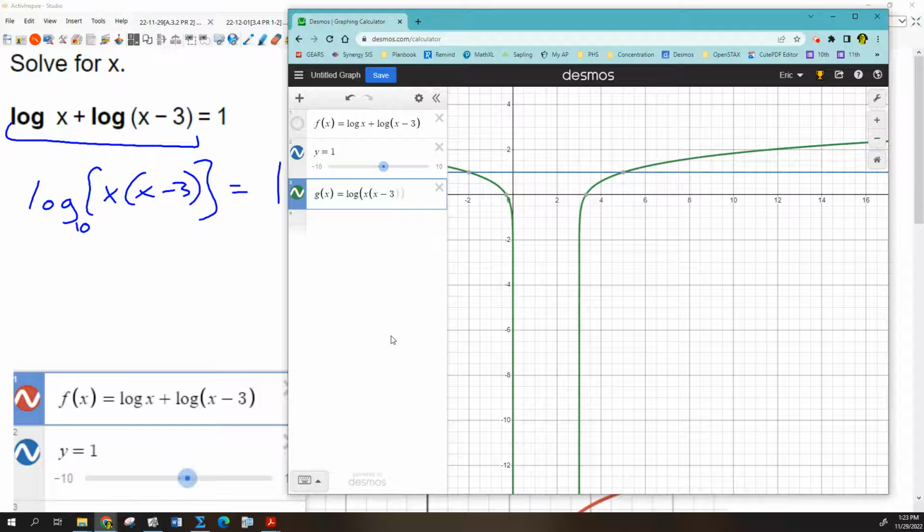And so in the compressed version, look at the two solutions we get. We get negative 2 and positive 5. And I would argue that we have to discard the negative 2 because that's not a solution of the original expression, right?